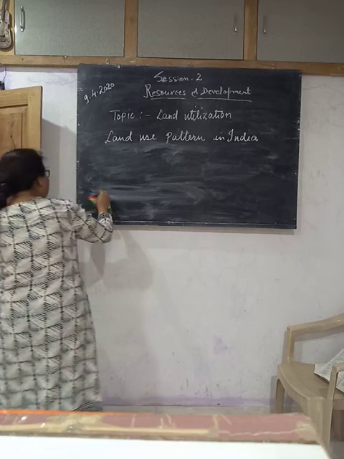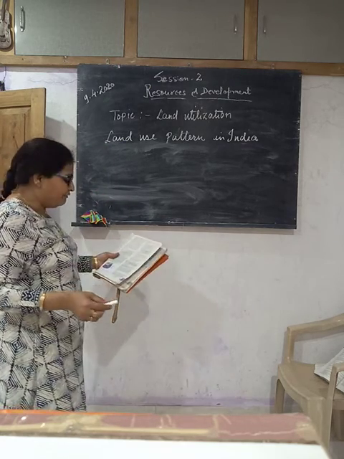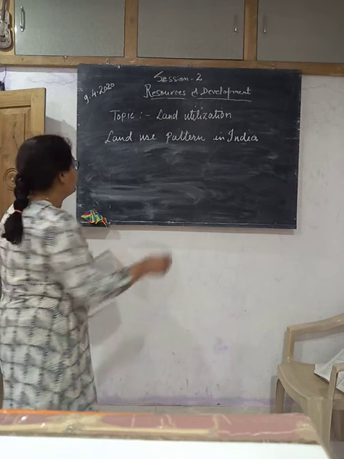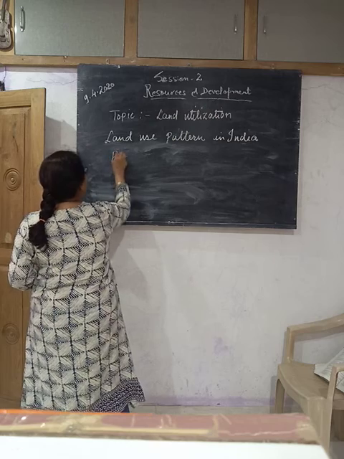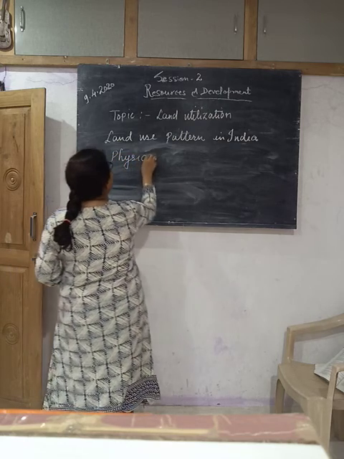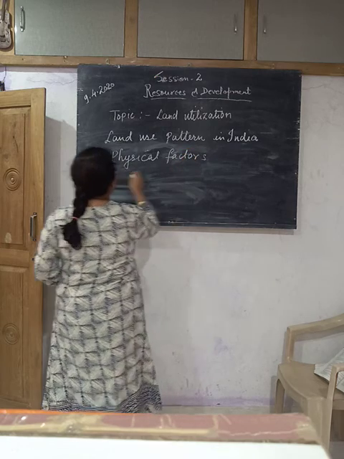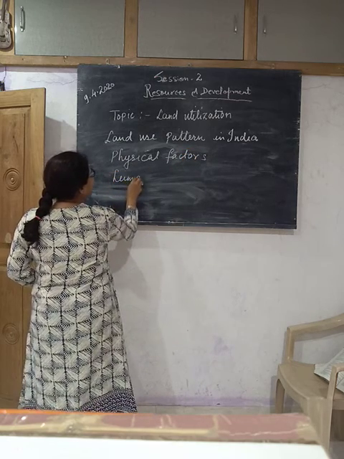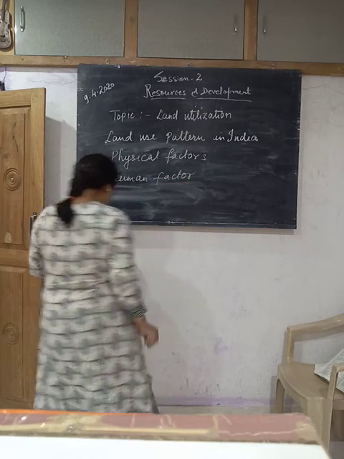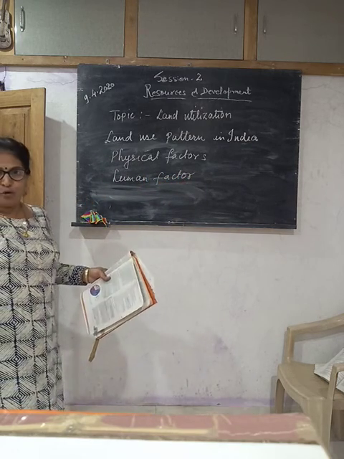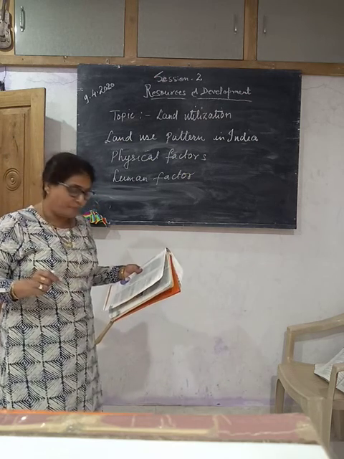Now, it is determined by 2 factors. One is physical factors and the other is human factors. The land use pattern in India is determined under these 2 heads. Physical factors include topography, climatic condition, and soil type.